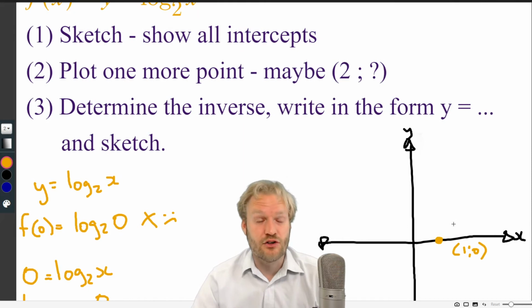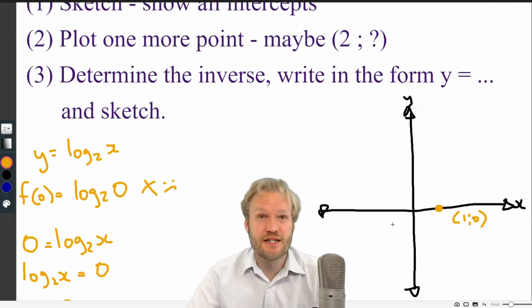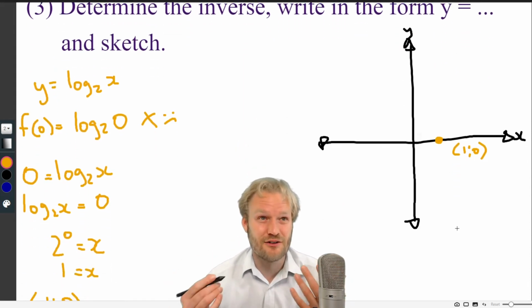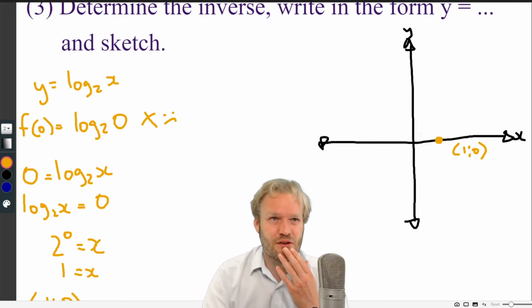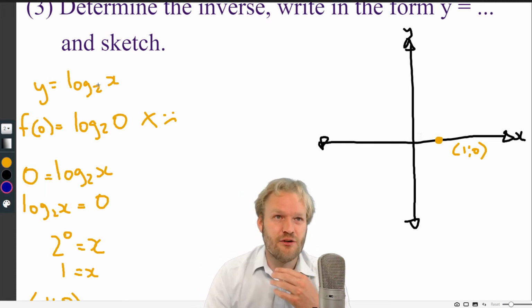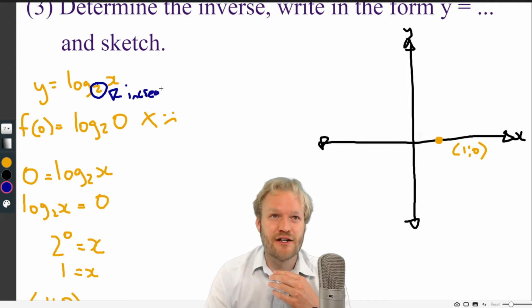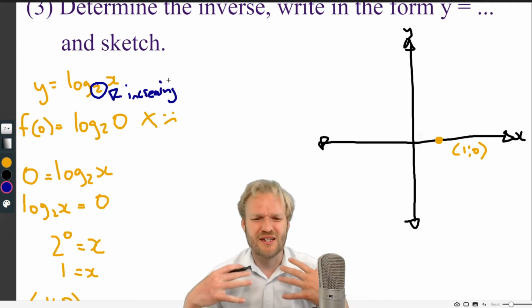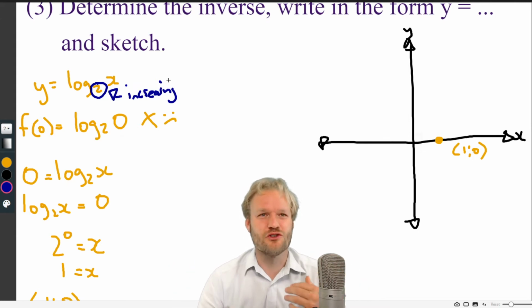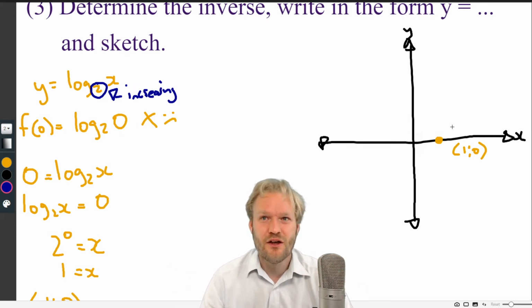As I said, I'm going through this slowly, step by step, so that we get a sense of our log graphs as logs by themselves. We said earlier that this part here means that it's increasing, because that's what we had for our exponential. So it's increasing, and it must go through this point. We said that we can't take log of 0. In fact, we can't take log of a negative number.